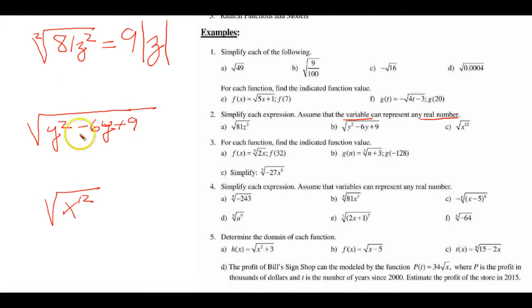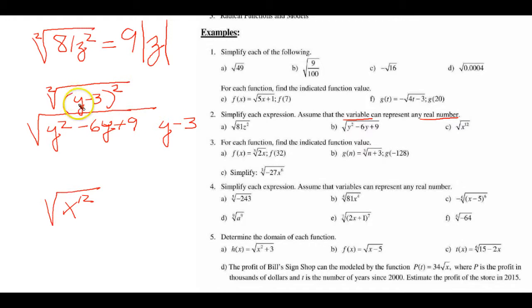Now, recognizing this is actually a perfect square trinomial that will factor into y minus 3, the quantity squared. So when we take the square root of this, and again our 2 is there, divided by 2, we get y minus 3.